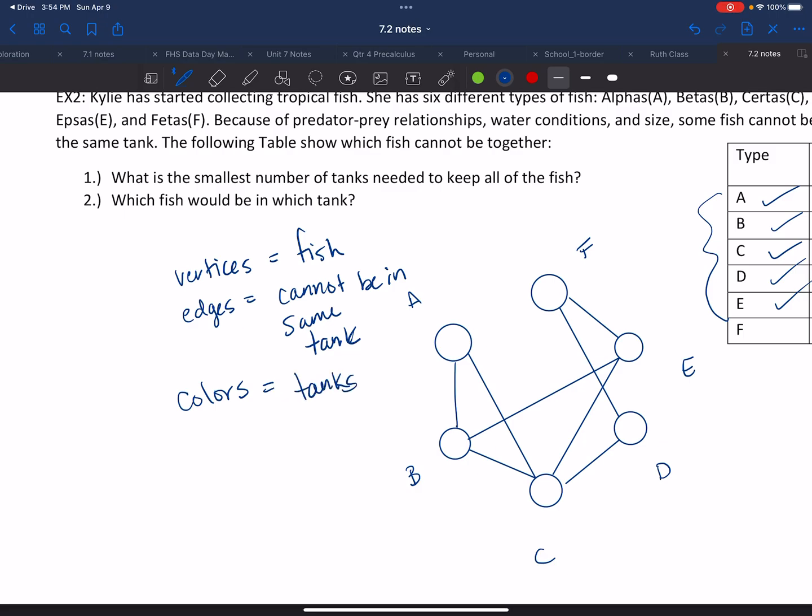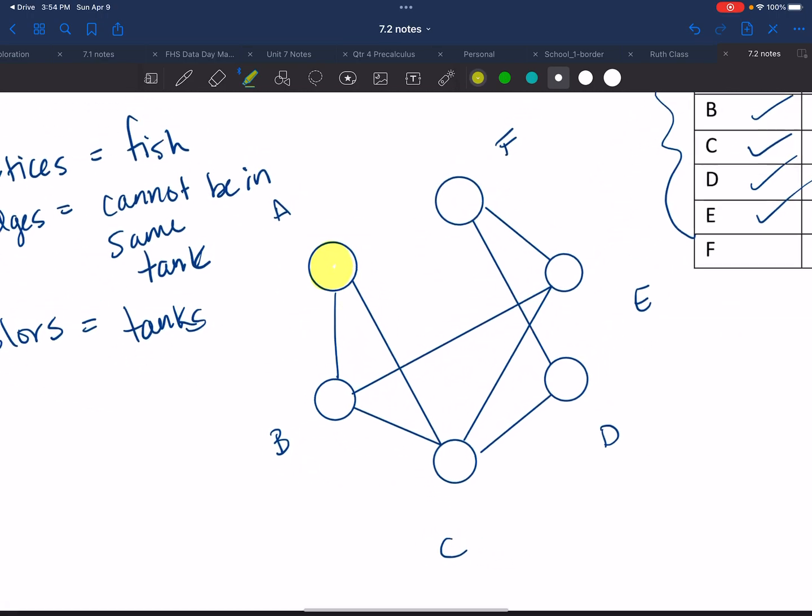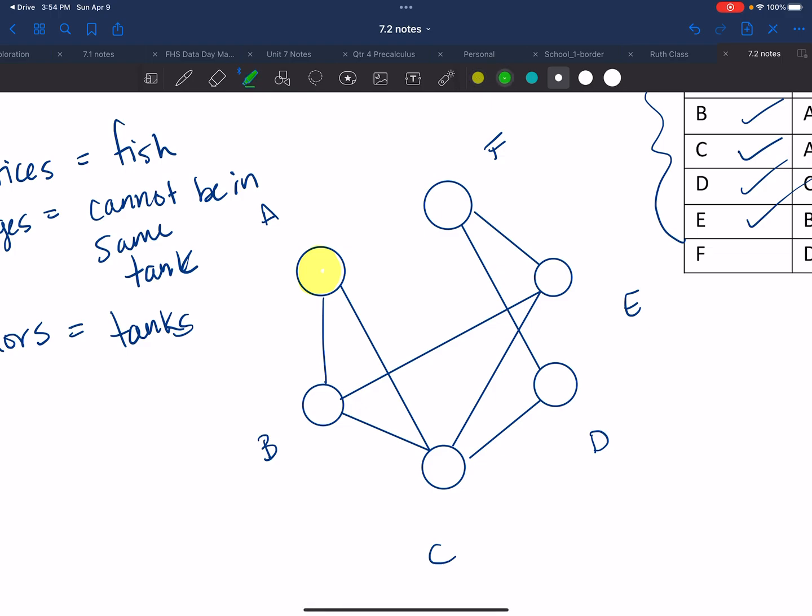All right, so let's go ahead and get started. So with A, I'm just going to go ahead and fill that in with yellow. Looking at our next one, that's going to be a new color, so I'm going to go ahead and put green in there. When I look over at this next one, it's connected to yellow and it's connected with green. So I'm going to need a third color there, so I'll go ahead and make it blue.